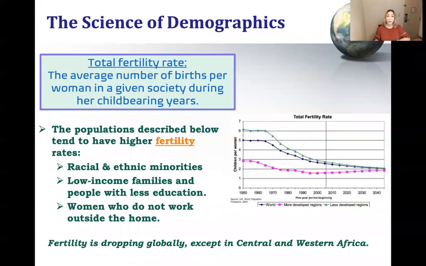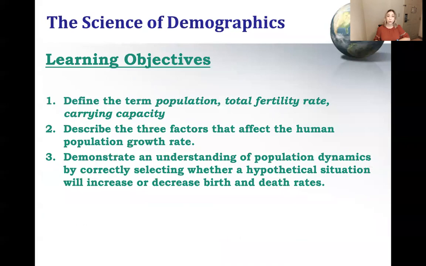Okay, so let's review the learning objectives. You had to be able to define population, total fertility rate, carrying capacity, and then I also gave you life expectancy. So let me bring up this box here.